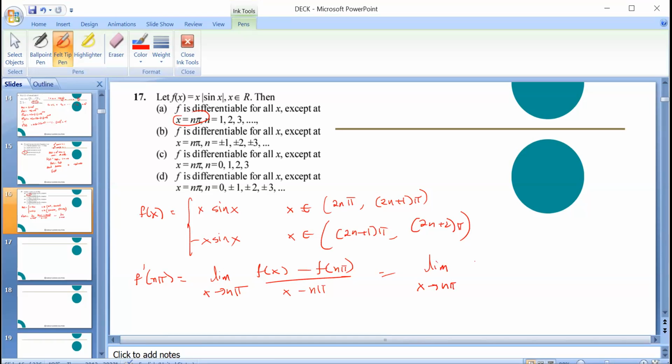F of x is x mod of sin x. N pi will be of course 0. F of n pi will be 0 over x minus n pi.